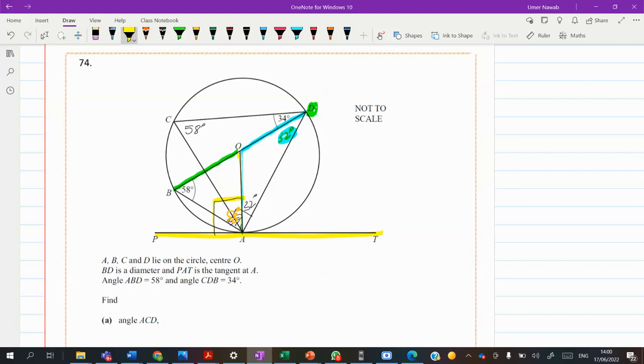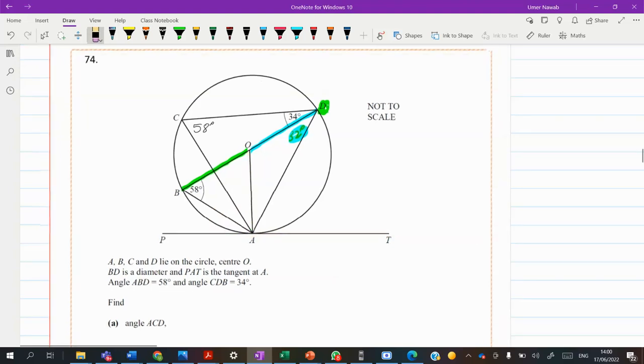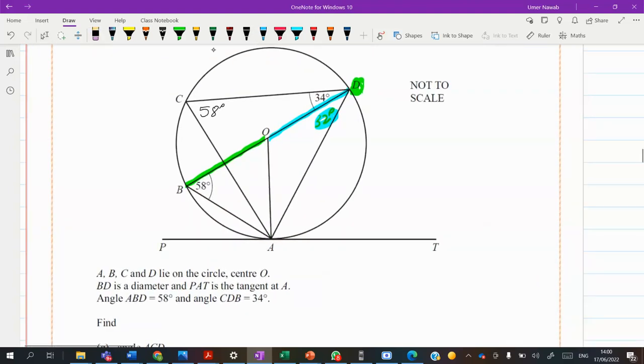I don't want to make it complicated for you. So it's better to use one more angle in the same segment concept. Angle in the same segment concept tells you that this arc is producing here 34. So this angle is also 34.